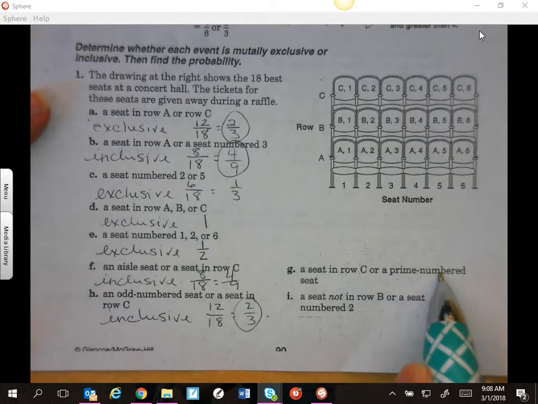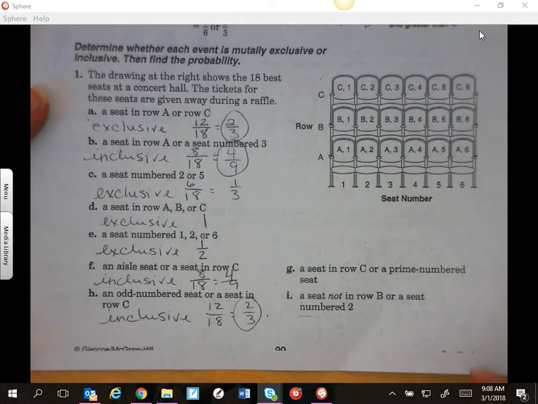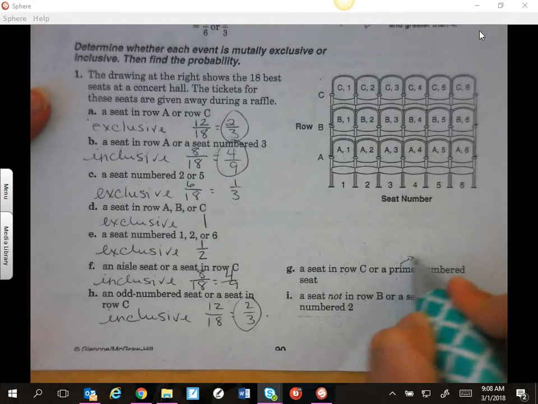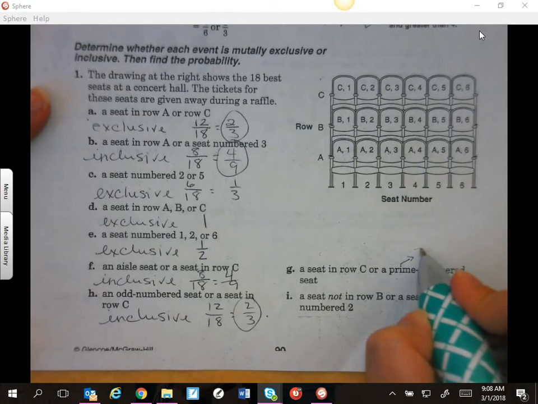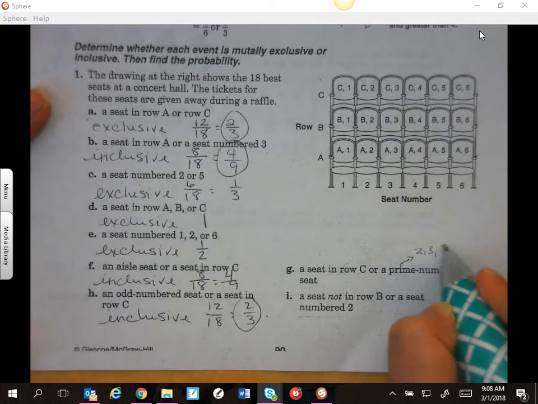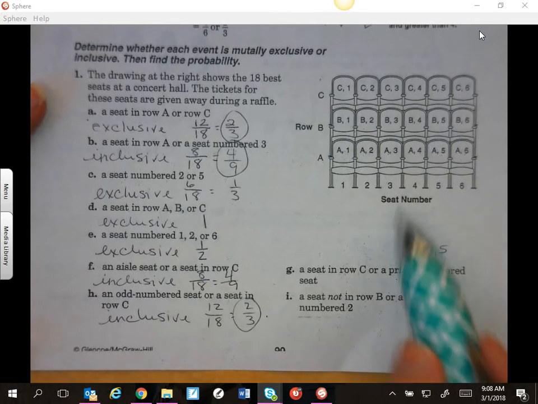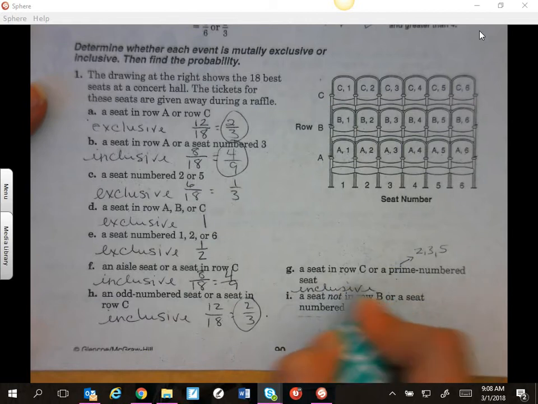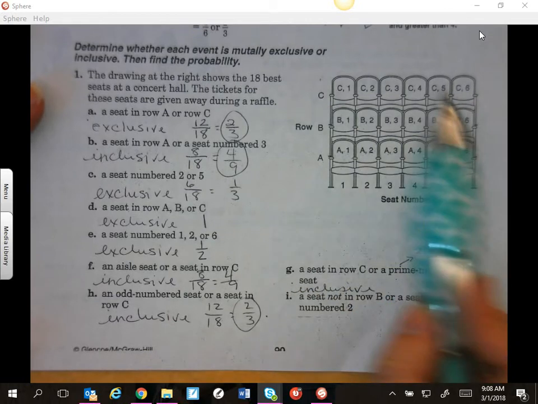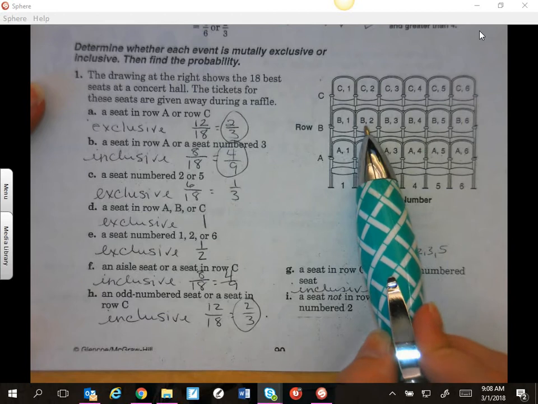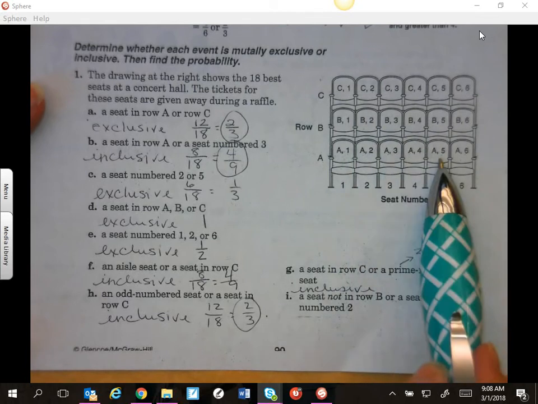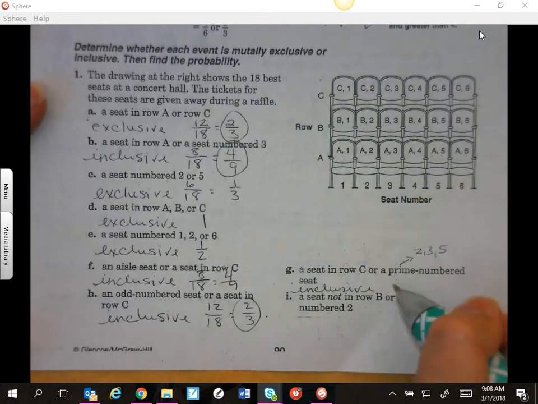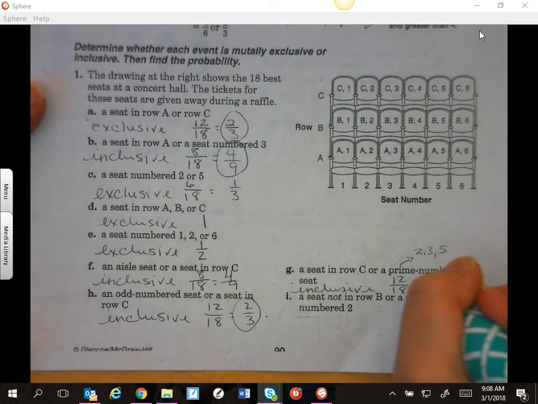Okay, first of all, 1 is not prime, okay? Prime numbers out of 1 through 6 are going to be 2, 3, and 5. So that's going to be inclusive because row C has those things. So 6, 7, 8, 9, 10, 11, 12 out of 18 is going to be 2/3.